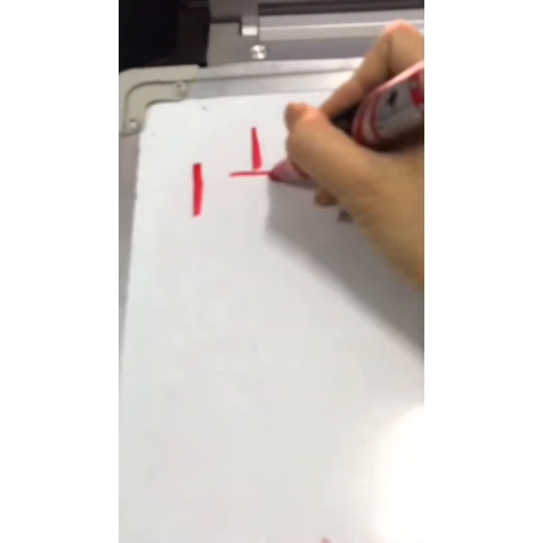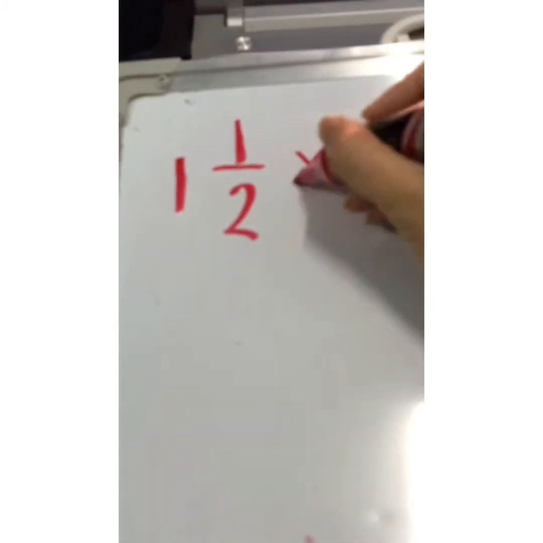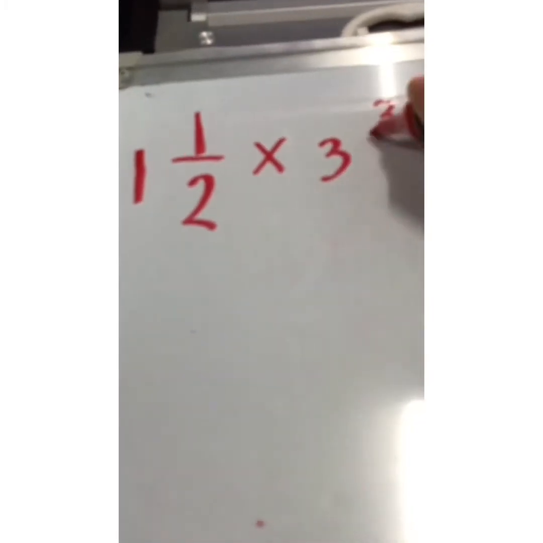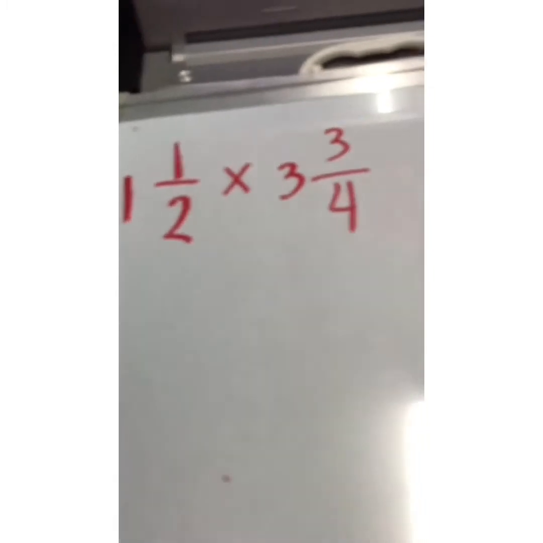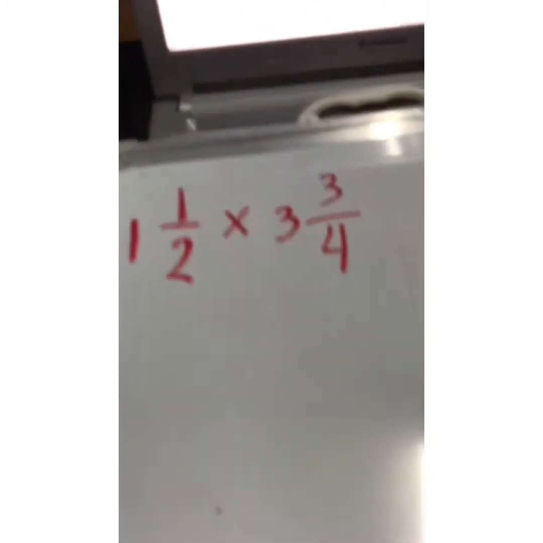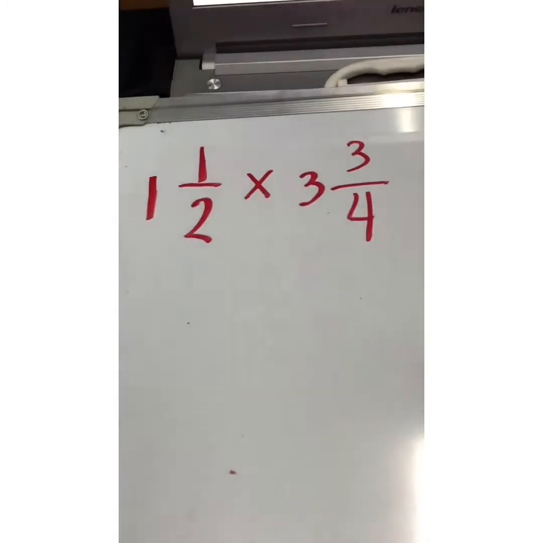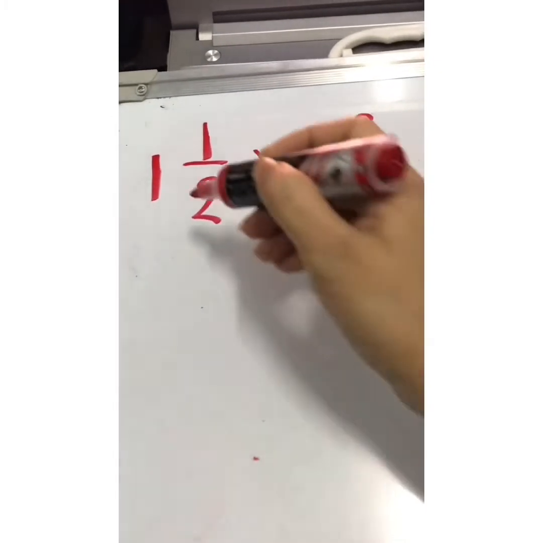So I will write it here: 1 1/2 times 3 3/4.